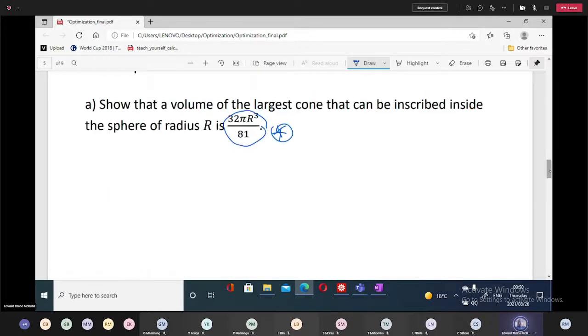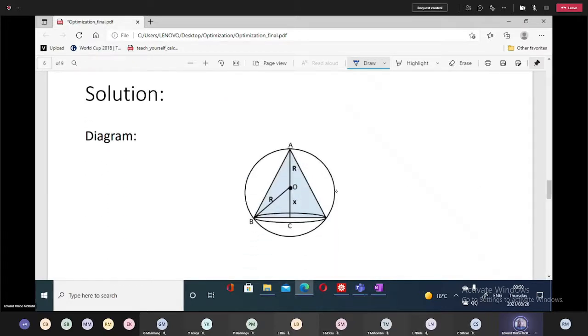Now when they say inscribed, I have a diagram here. So this is a sphere, and inside the sphere they have inscribed a cone. So R here represents the radius from 0 to B. This is the radius of the sphere.